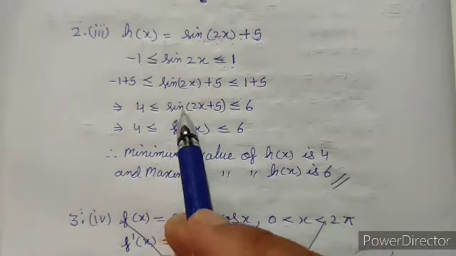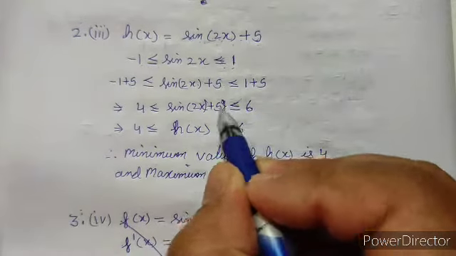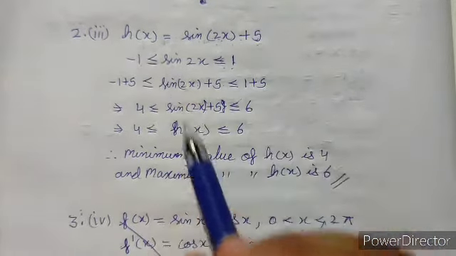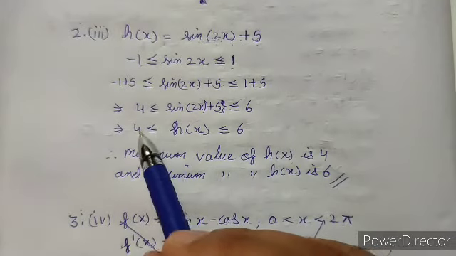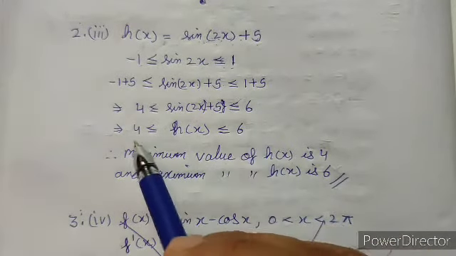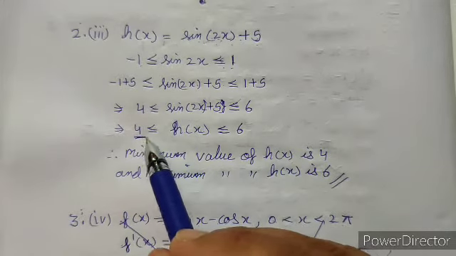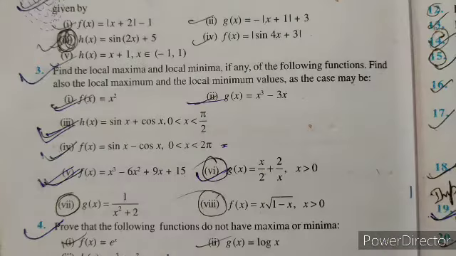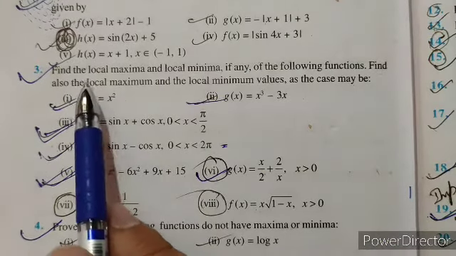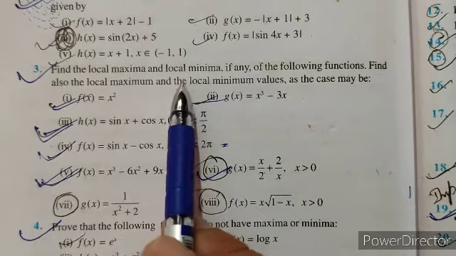That means this sin 2x plus 5 was a function h(x). That means h(x) is greater than or equal to 4 and less than or equal to 6. That means minimum value of function h(x) will be equal to 4 and maximum value will be equal to 6.